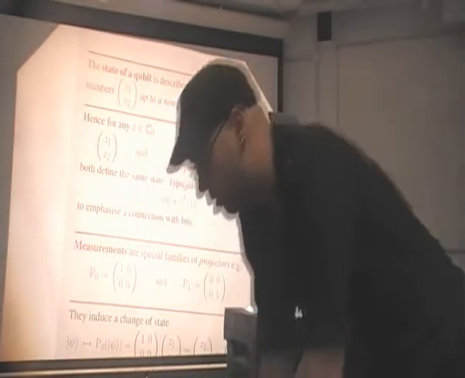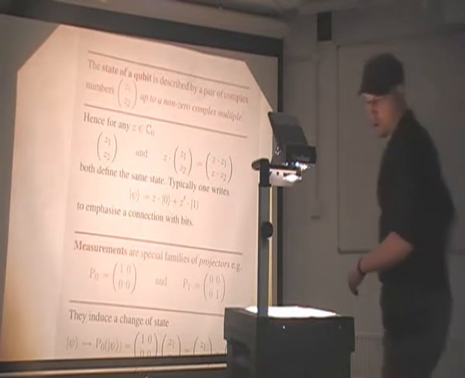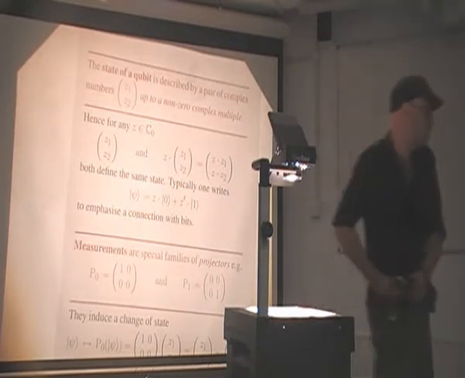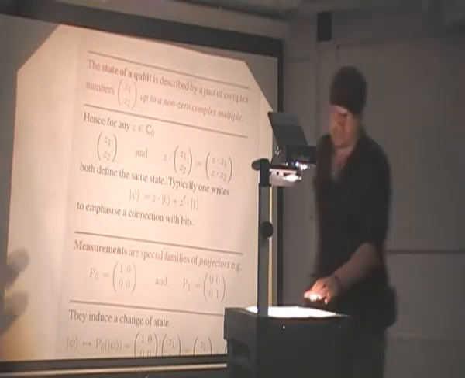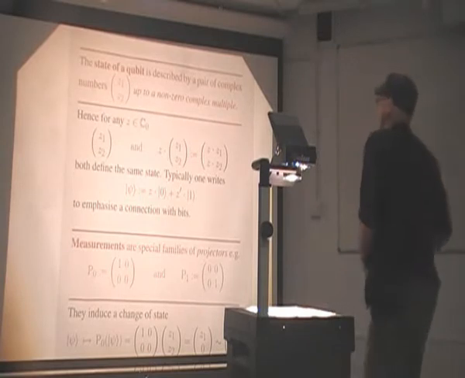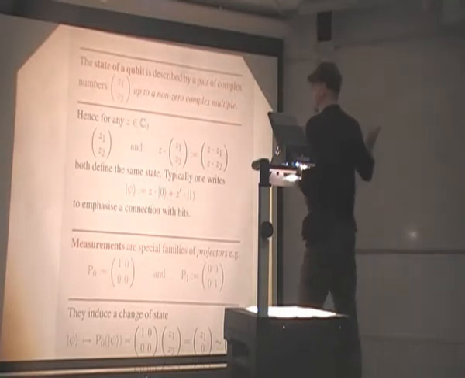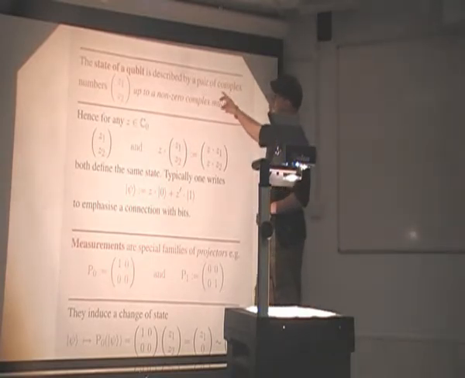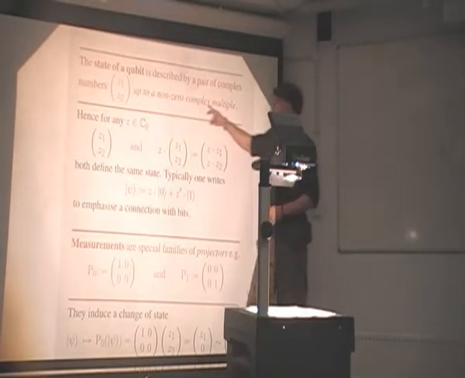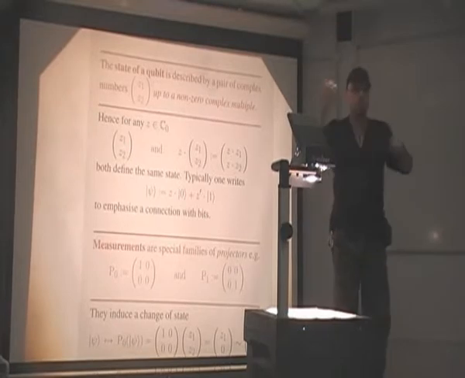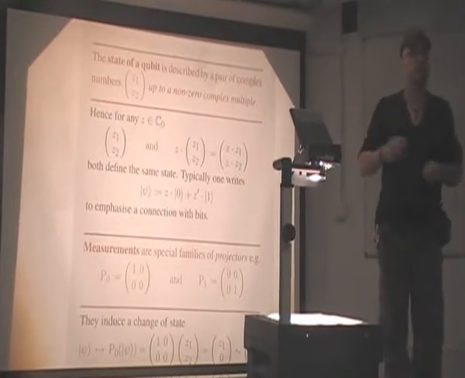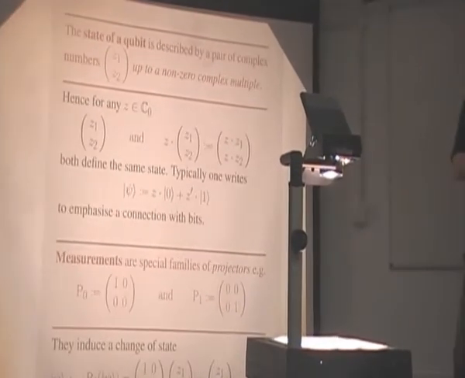And we're going to do a better treatment later. So, the state of a qubit, as I indicated, is described by a pair of complex numbers up to a non-zero complex multiple. So we're really talking about rays, one-dimensional subspaces, in the two-dimensional complex Hilbert space.